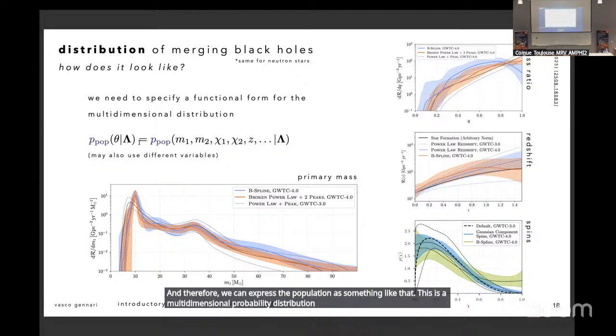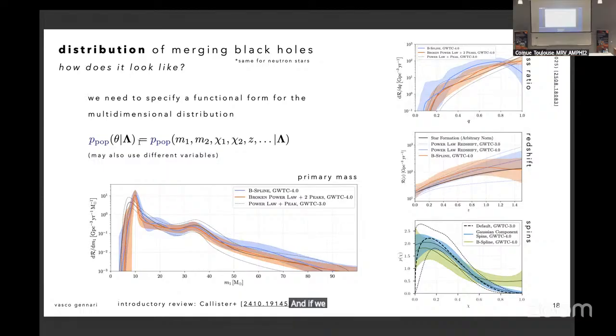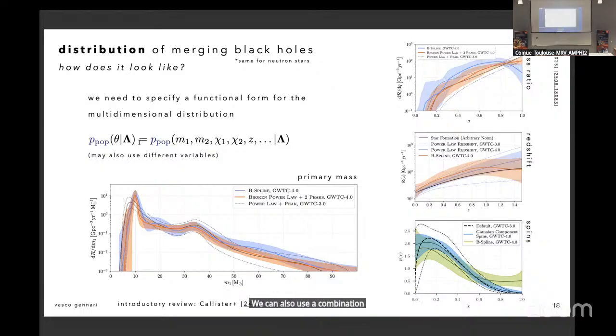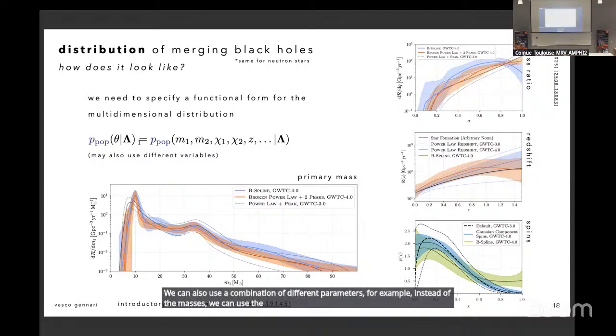And if we run the analysis using our parameter estimation of the single events given our catalog, then we can reconstruct the population of these parameters. We can also use a combination of different parameters. For example, instead of the masses, we can use the mass ratio or the chirp mass.